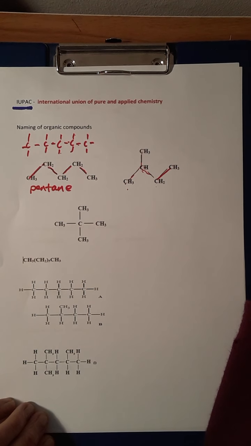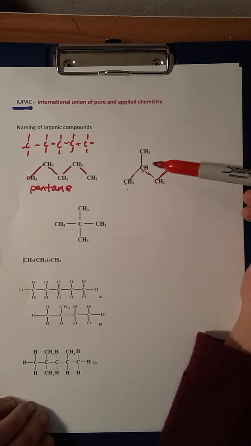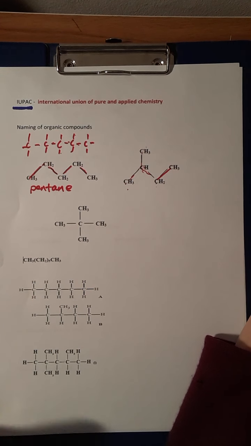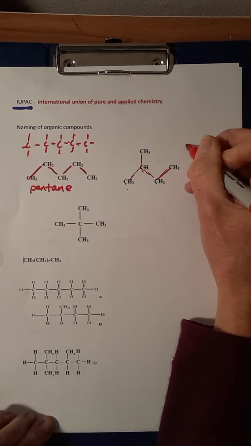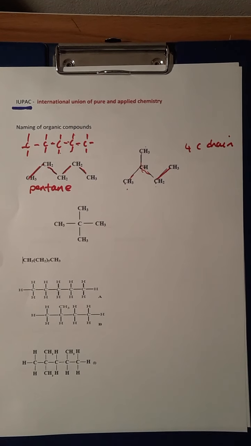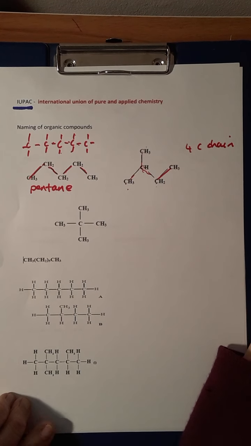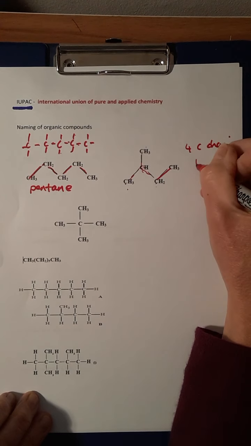It's still a 4 carbon chain. So it doesn't matter which end I start at. If I start over here, 1, 2, 3, 4, it's a 4 carbon chain. A 4 carbon chain means butane. And of course there are no double bonds, so this has to be a butane chain.